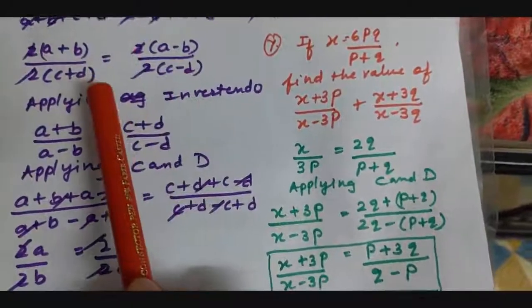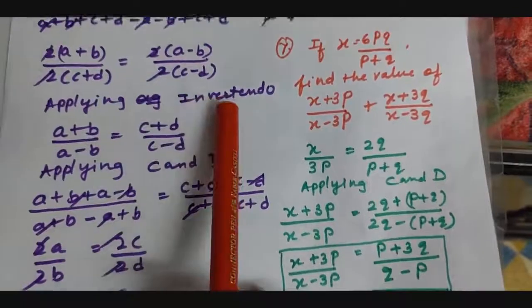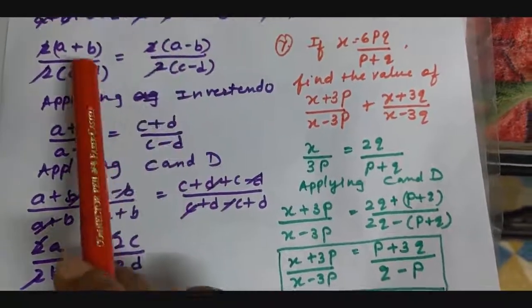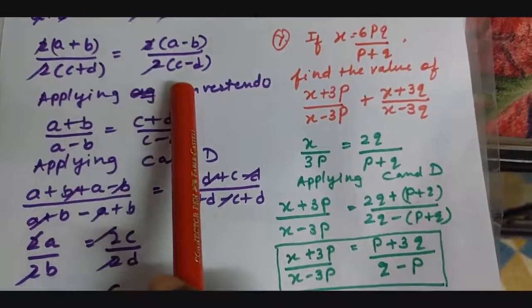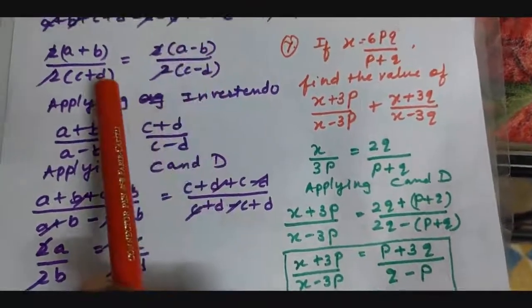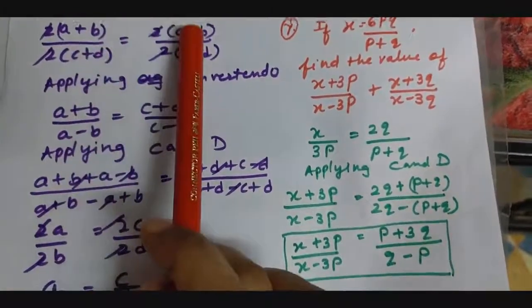Now still we have not reached our result, so we apply invertendo. Why am I taking invertendo? Because again I get different terms on the left side and right side, so changing invertendo, this a minus b denominator, c plus d numerator.